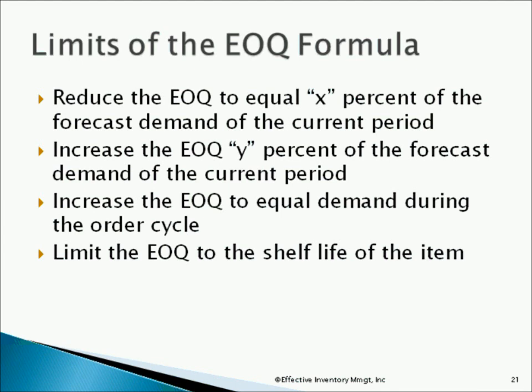Now, the economic order quantity is going to provide the lowest total cost of an item in your inventory. But you might have to round the EOQ up to a multiple of the vendor's package, the quantity that you can buy from the vendor.